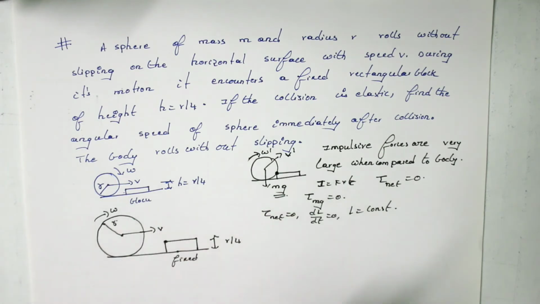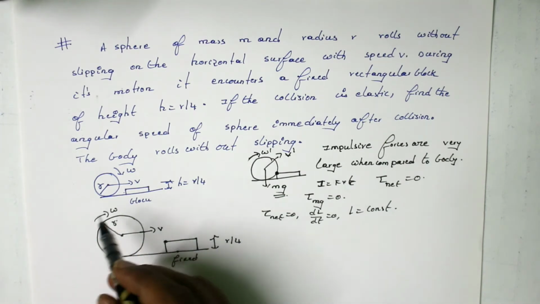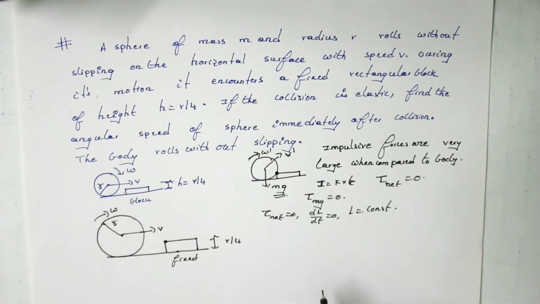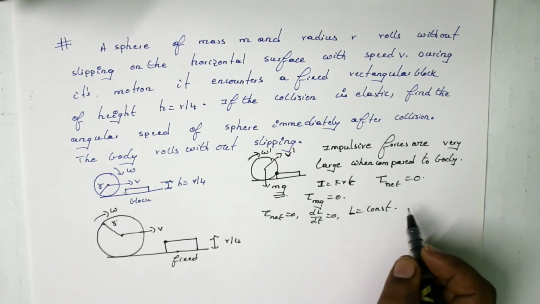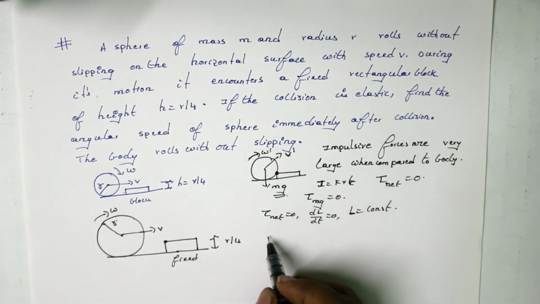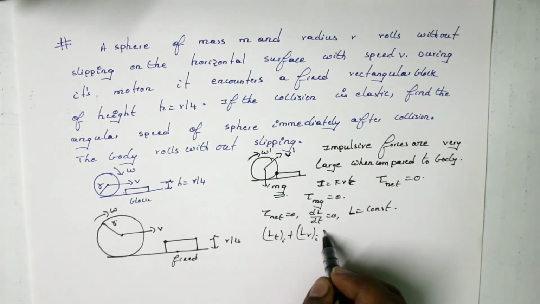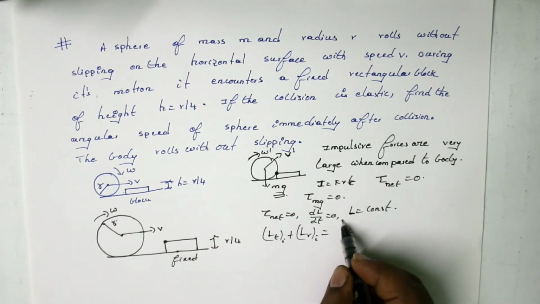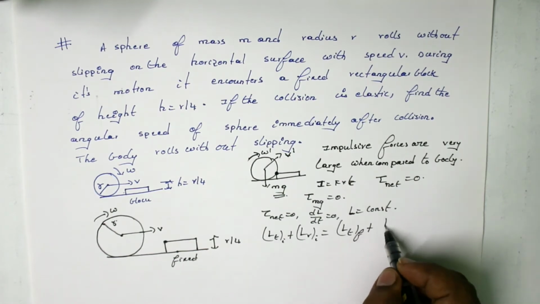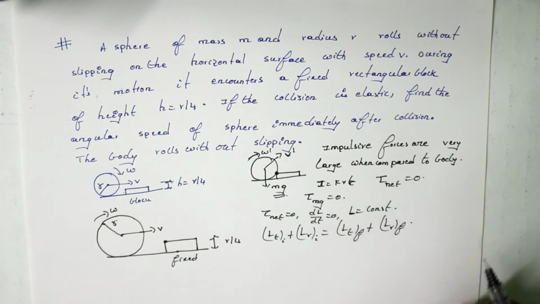Because of translatory motion it has angular momentum, and due to rotatory motion it also has some angular momentum. As angular momentum is conserved, I can write L translational initial plus L rotational initial equals L translational final plus L rotational final.